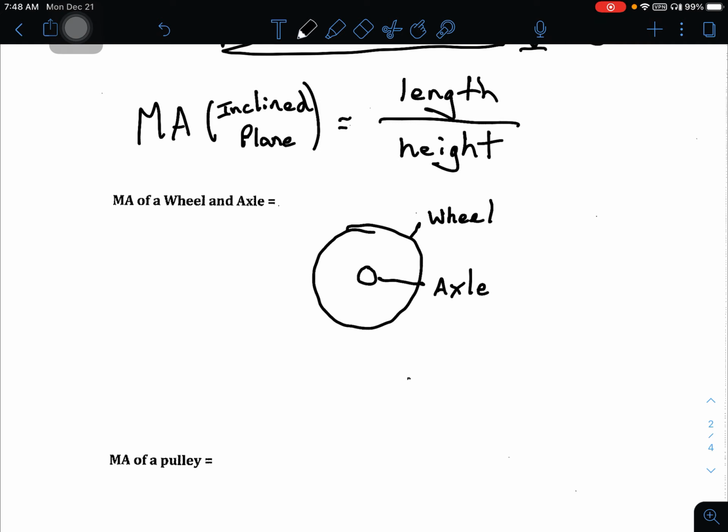Okay, think about this. This is kind of like your steering wheel in a car. Obviously, that one kind of sticks out. You could think about wheels on a car that just roll, although those aren't really creating a mechanical advantage. This is also like a screwdriver. Say if I'm using a screwdriver to turn a screw. If this is the end of the screwdriver and I'm looking down on it, here might be like my Phillips head screwdriver.